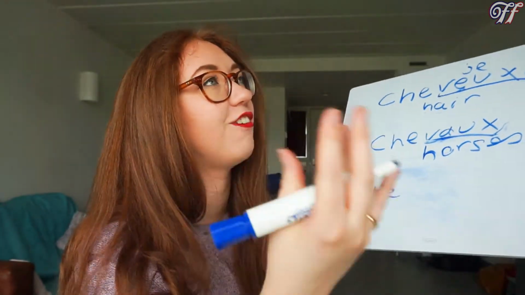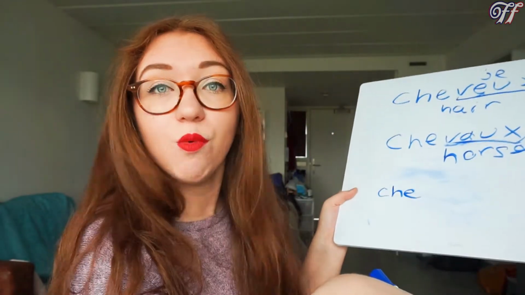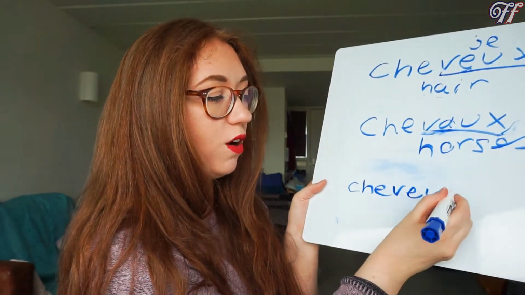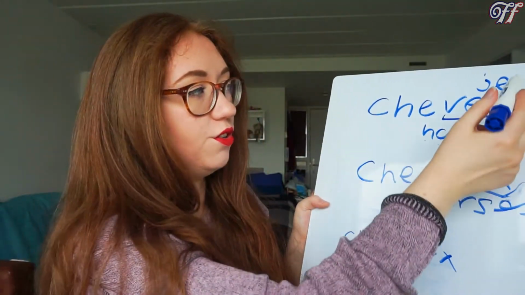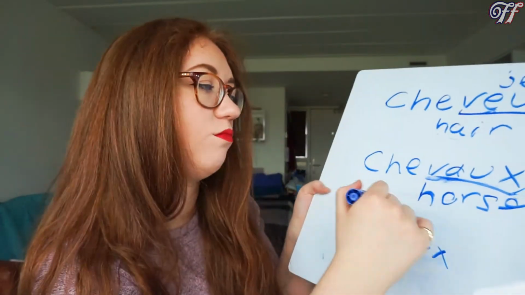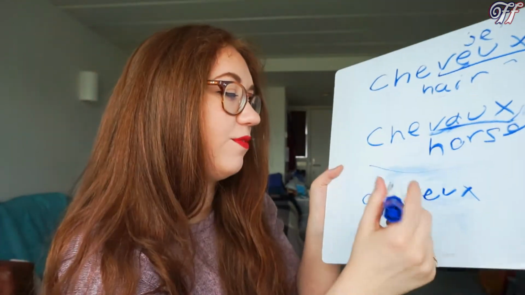And that would be my phrase: I want hair, but I don't want a horse. And then I would remember, okay, veux for want. So I would think, je veux hair, but I don't want horses, okay? So that would be one way to remember. You can actually link other bits of your French knowledge into the things that you're trying to remember.